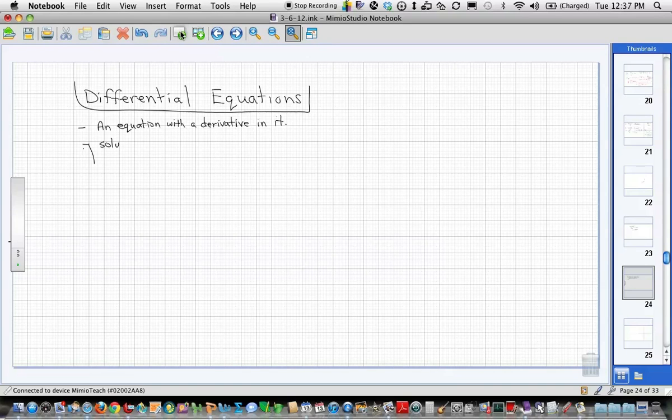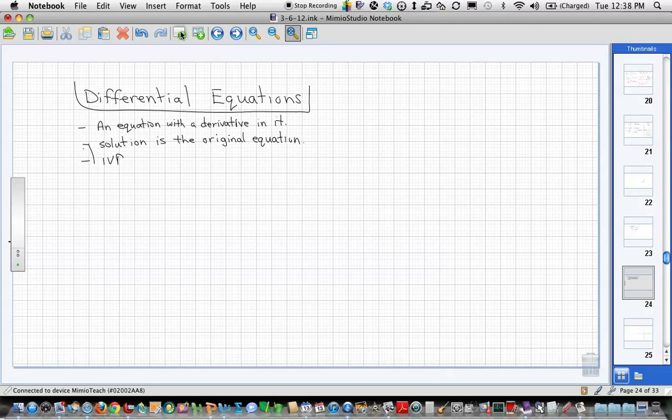The solution is another equation, specifically what I always call, and that's probably not a very good term, the original equation. In other words, if you've got a differential equation that's got y prime in it, then the solution is y equals, and that y equals has to not have y's or y primes in it. It's just y equals with x's in it. So the solution is the original equation.